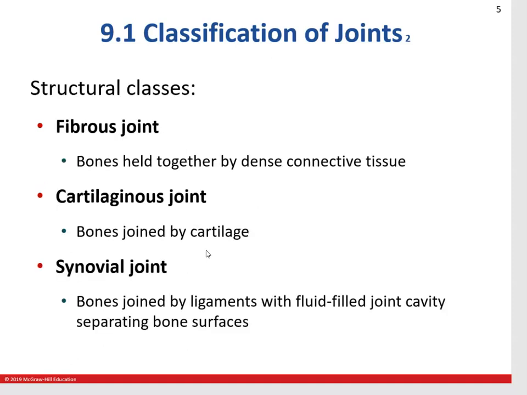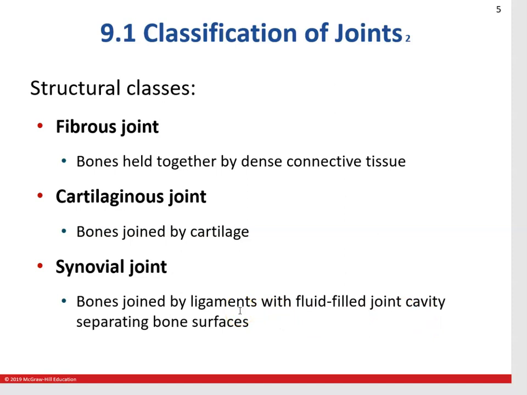So let's look at the structural classification of joints. There are 3 structural classifications: fibrous, cartilaginous, and synovial. Fibrous joints are joints that are held together by dense connective tissue. Cartilaginous joints, just like it sounds, are held together by cartilage, and synovial joints are held together by a joint cavity that is made up of ligaments.